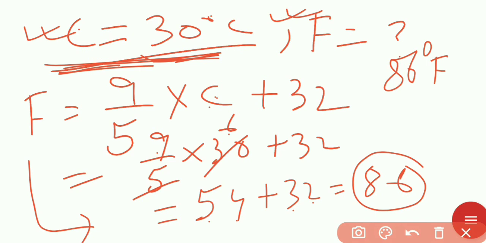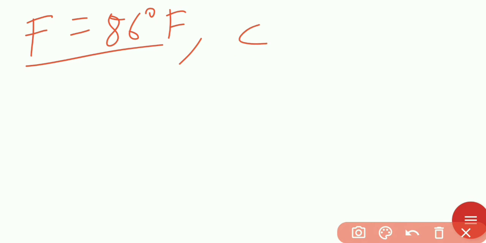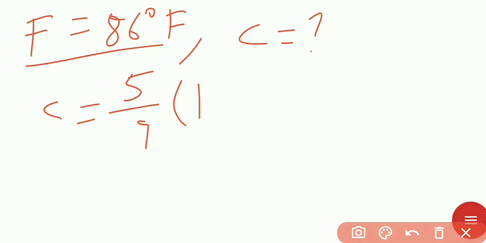Now suppose the value of F is given as 86 degree Fahrenheit, and the question is what is the value of centigrade. So we will use this formula, C equal to 5 by 9 into F minus 32.